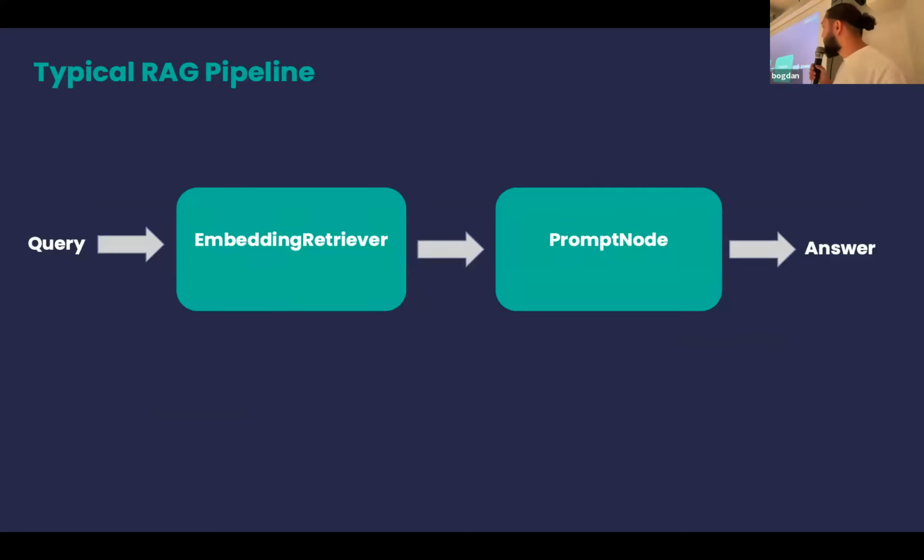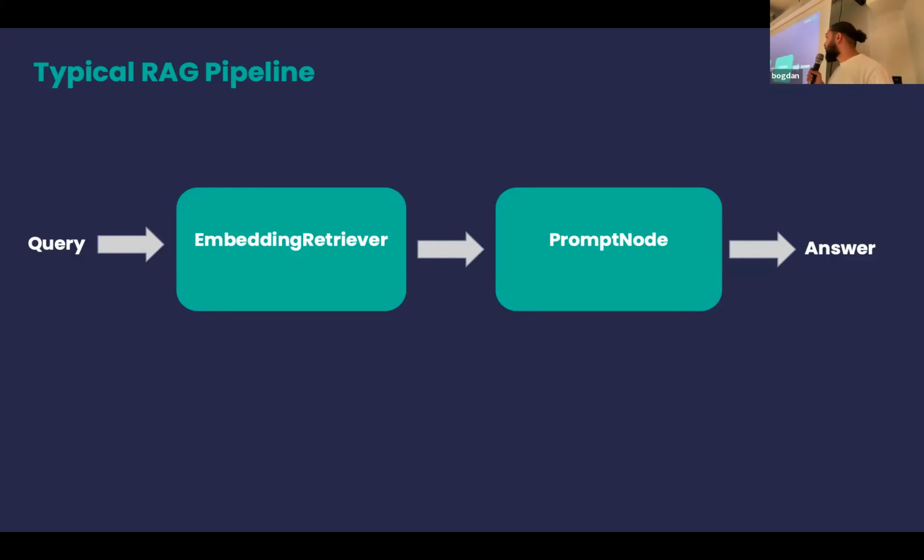A typical RAG pipeline in Haystack would look like this. You would have a query as the input, like a natural language question. This question is then passed on to a retriever. Here we have the embedding retriever as an example. We embed the documents into a vector space to be able to have semantic search capabilities.